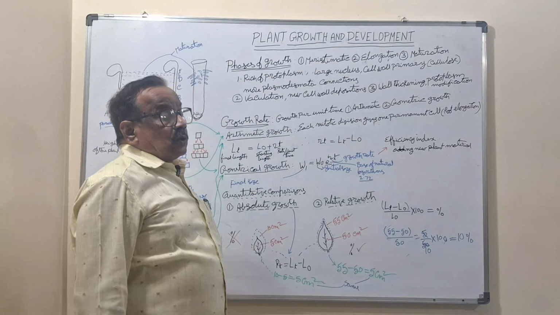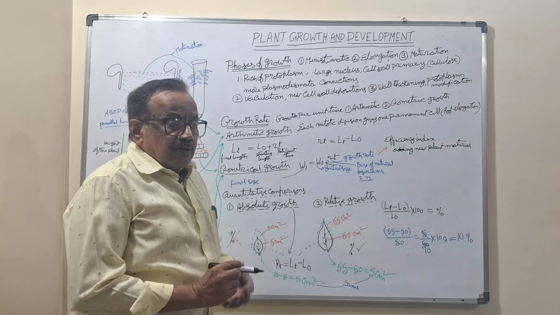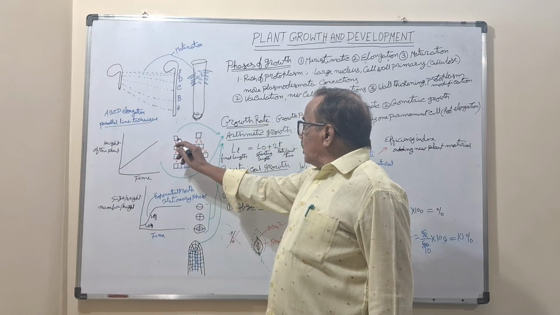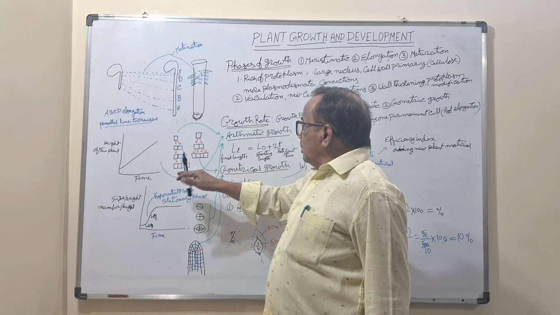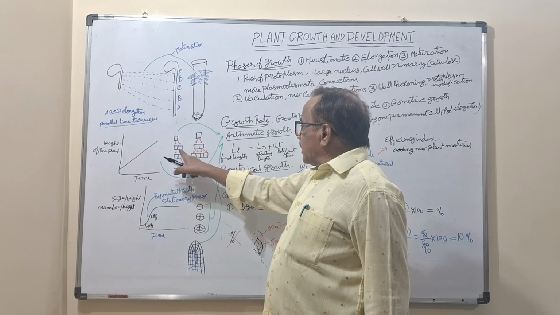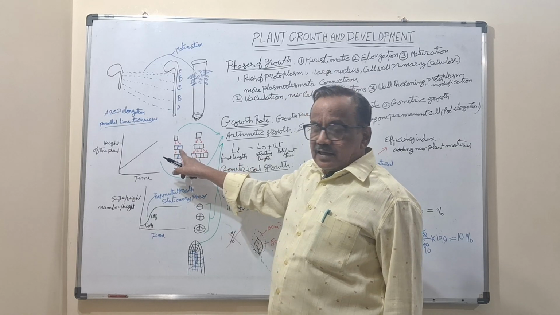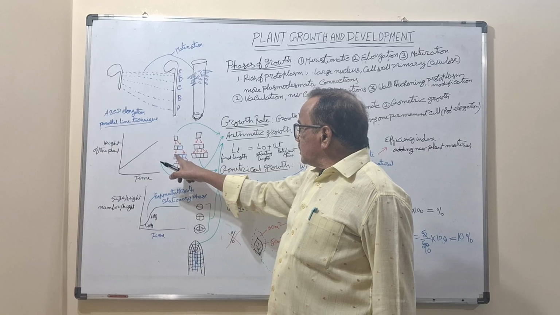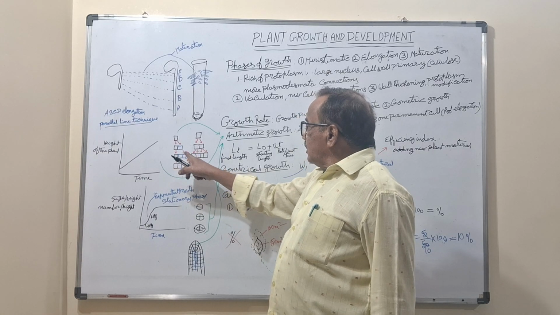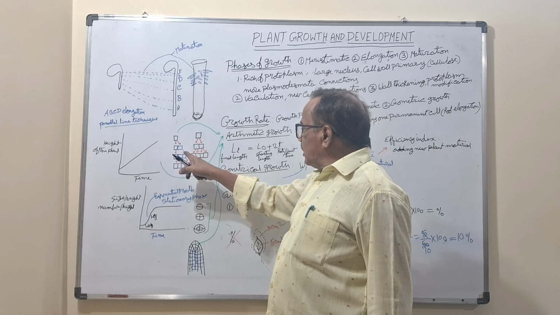What is arithmetic growth? Arithmetic growth means here he has shown clearly. You see, one meristematic cell used to divide and become two cells. One of the cells will be sent out from the G0 stage. Only one cell will be functional, and it will divide, and again it will send one out. He has clearly shown by the arrow marks also.